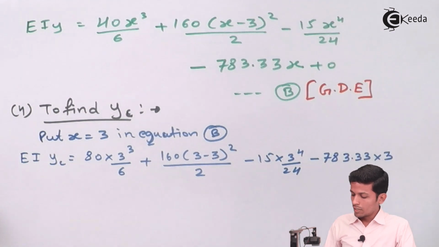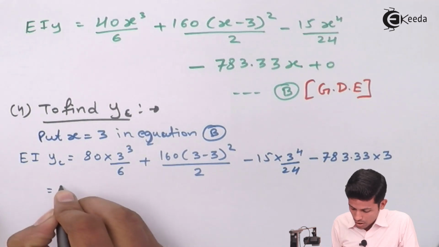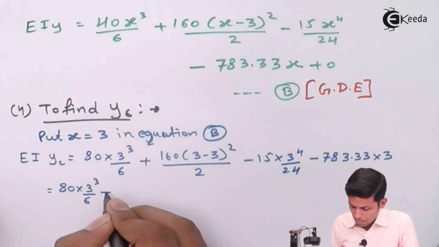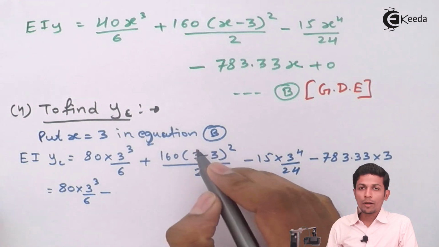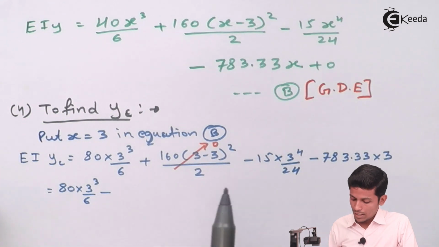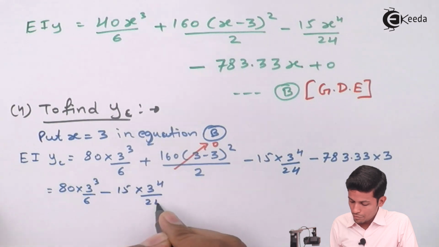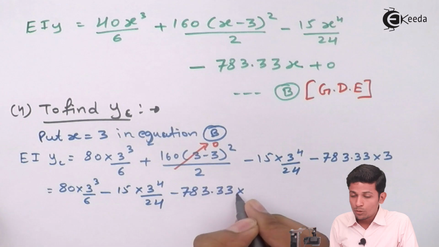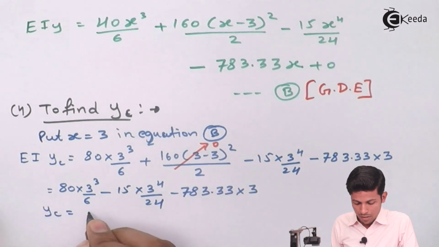Now see, rearrange it over here. 80 into 3 raised to 3 upon 6, minus the C term, where 3 minus 3 will get 0. So what Macaulay says for us, the whole term will be 0 over here. After that, minus 15 into 3 raised to 4 upon 24 minus 783.33 into 3.